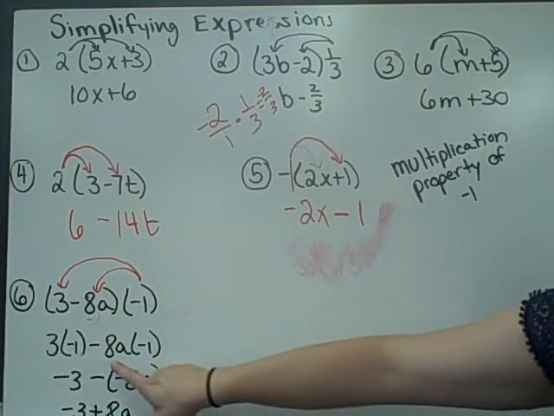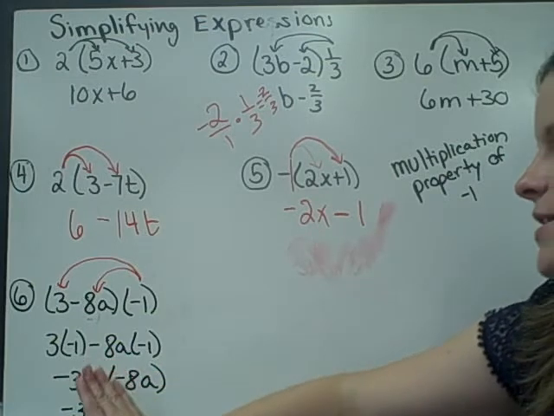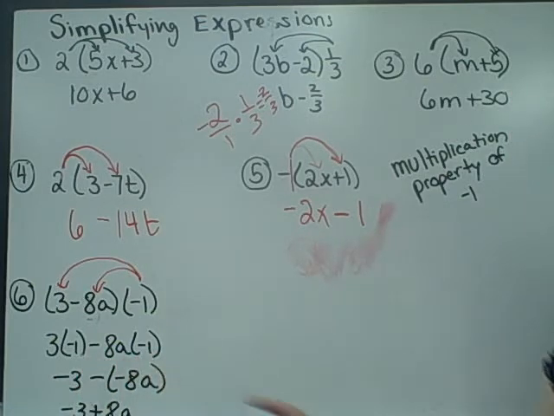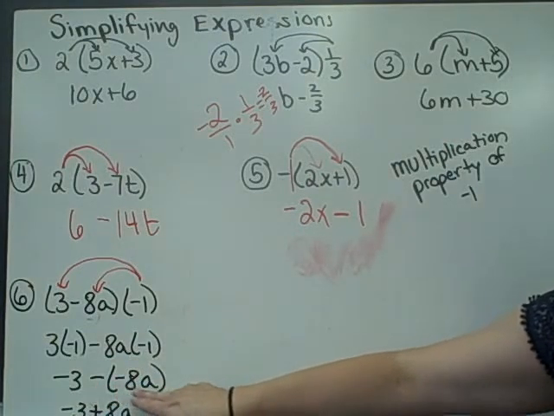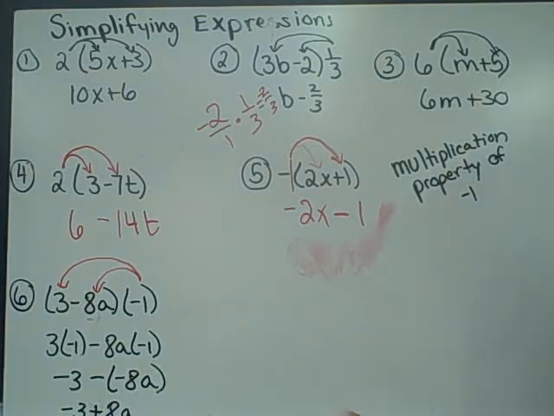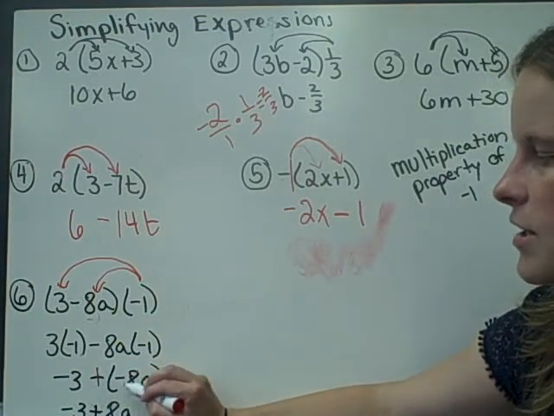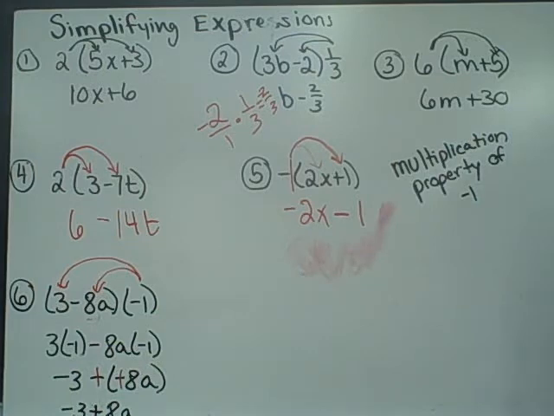However, let's look at this. If I were to say it was just 8a times the -1, that would be a -8a, right? So we would have minus a -8a. Well, we know that minus a negative is the same thing as plus a positive. So you would have -3 plus a positive 8a. Okay.